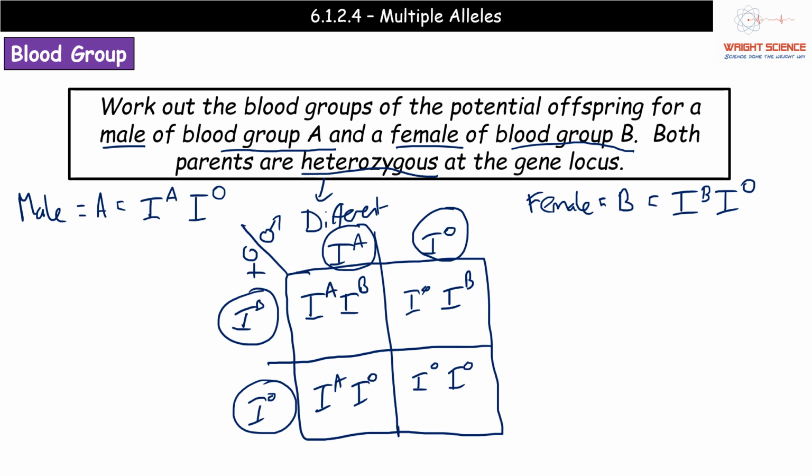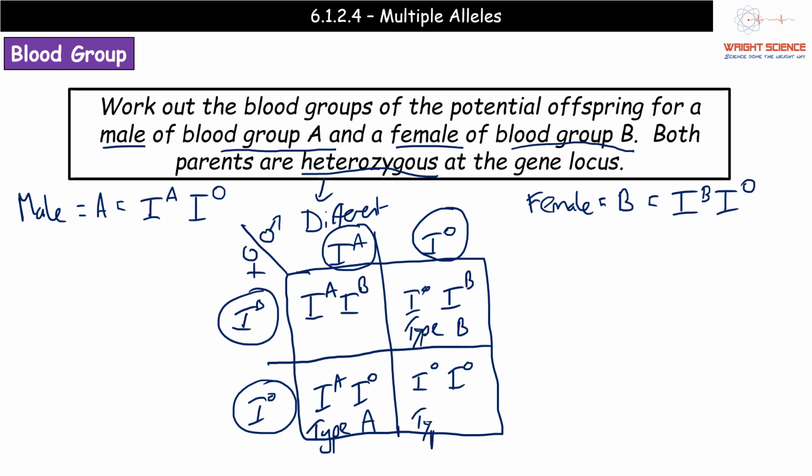Then we just need to work out the potential phenotypes. So remember our rules. Let's start with our dominance rule. If we've got either IA or IB present with IO, then they are dominant to the IO. So our top right box is going to be type B blood, and then at the bottom left we've got type A blood because they're demonstrating dominance.